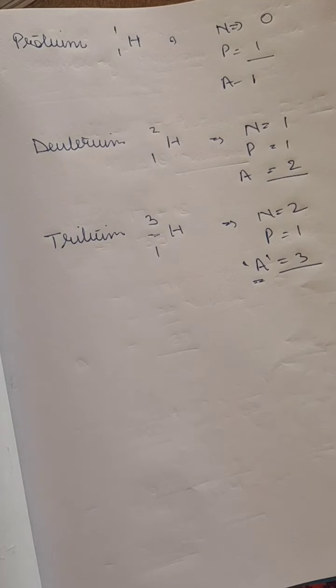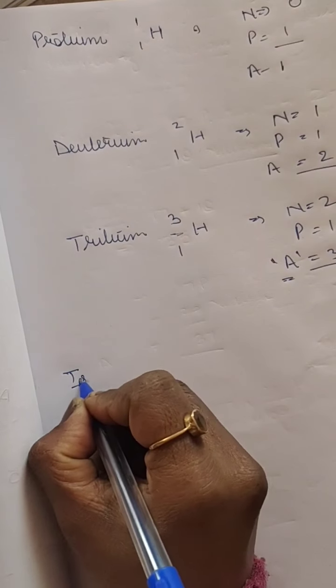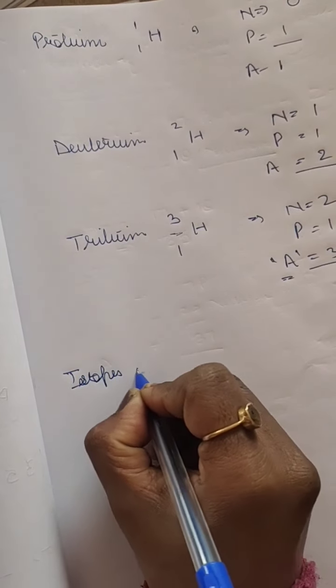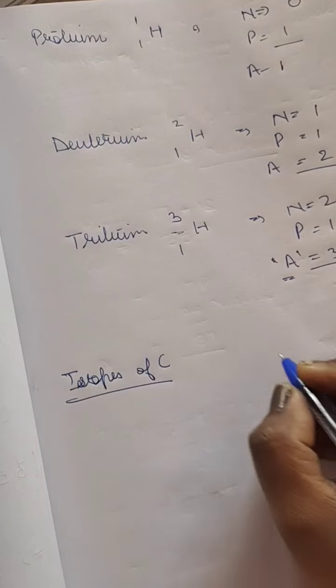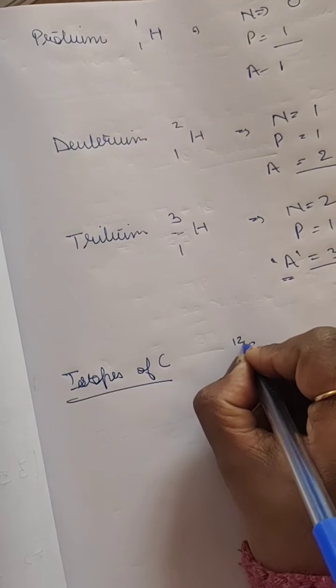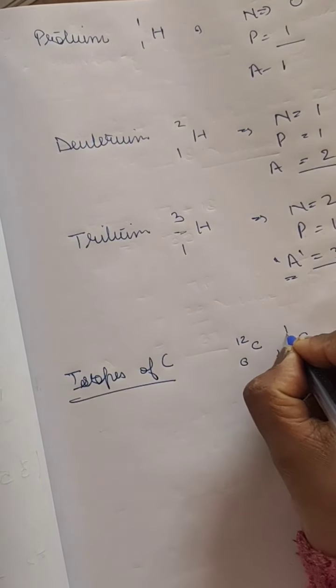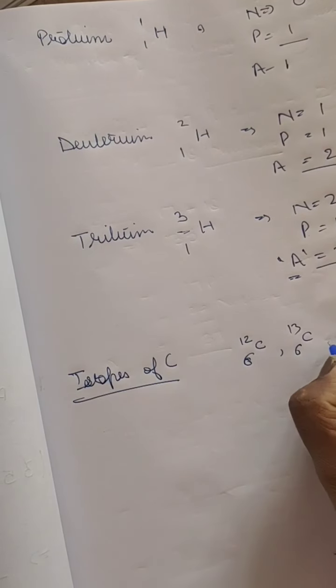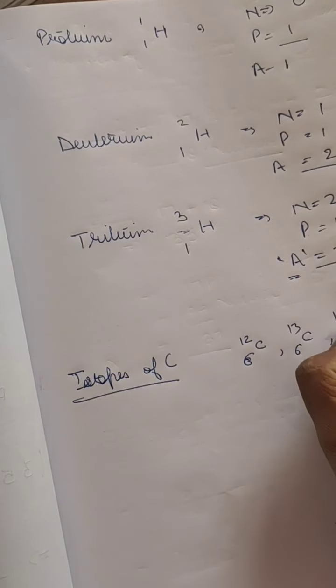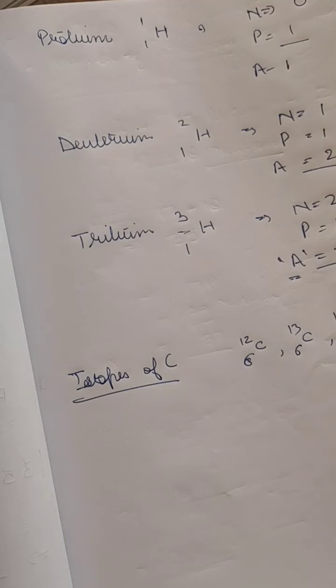There are some radioactive isotopes also. Carbon also has isotopes, which are carbon 12 and carbon 13, so the atomic number will be the same, and carbon 14. Out of these, carbon 14 is very important.